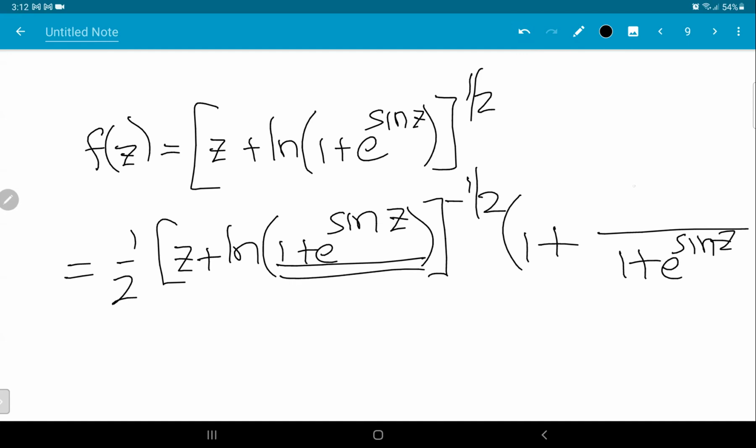Put it above here. Derivative of 1 is 0. Derivative of e to the sine z, you need the chain rule for exponentials. So copy e to the sine z, then differentiate sine z. So copy this one, differentiate sine z.